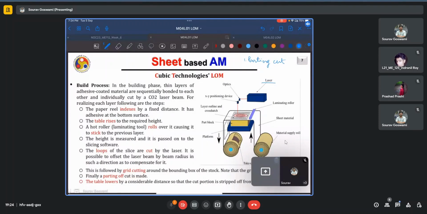If I highlight it in black, this outer periphery is the parting cut, which defines the boundary of my build volume. The second would be the contours, both interior and exterior contour. And third would be the grid lines.